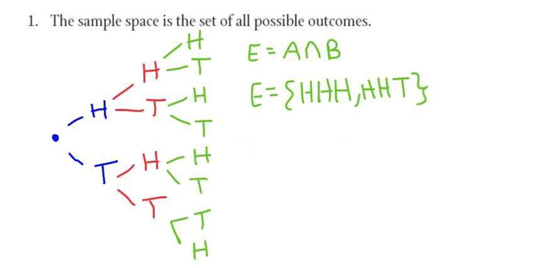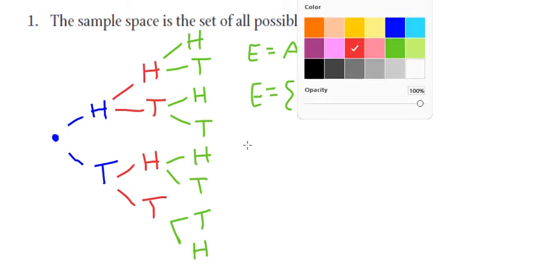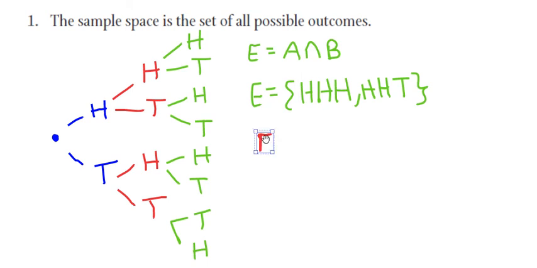Now for the next one, we're dealing with outcome F, which is neither C nor D. C says there are 2 consecutive heads, so I need to find where there are not 2 consecutive heads. This won't work because these are 2 consecutive heads either way. But heads, tails, heads is not 2 consecutive heads.